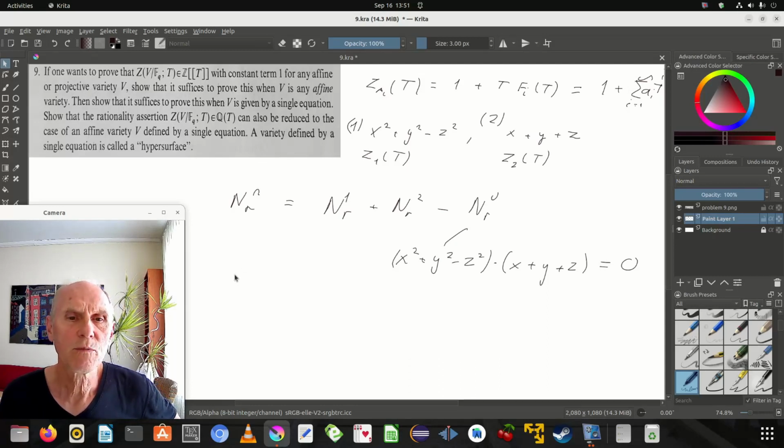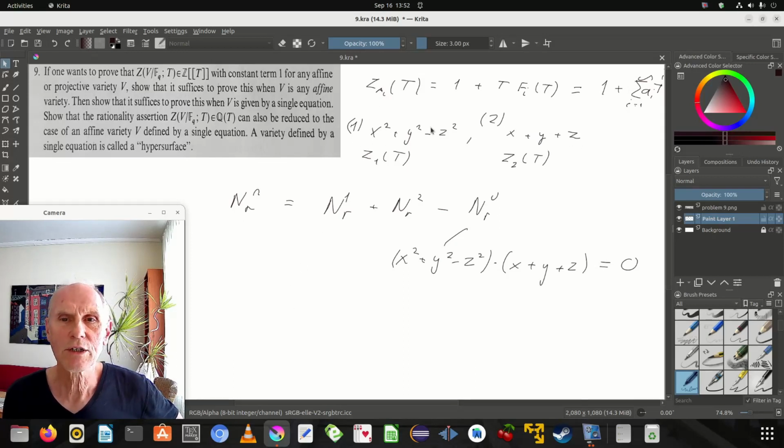In problem 7, we wrote the projective space as a direct sum of affine spaces with subsequently lower dimension. And in each of these, we have an affine variety, because it's the sum of affine spaces, and the equations are generated by the given equations.